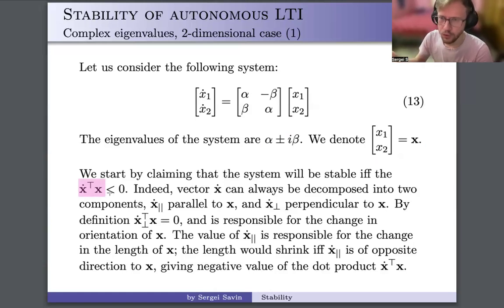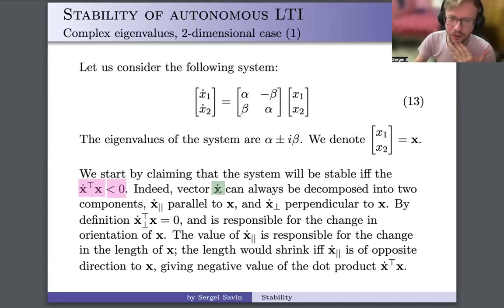We're talking about the dot product here, right? So the dot product of x dot and x should be negative. Let me try to justify this claim. I made a claim, now I need to justify it. First, any vector, and x dot is a vector, can be decomposed into a sum of two orthogonal components, right?